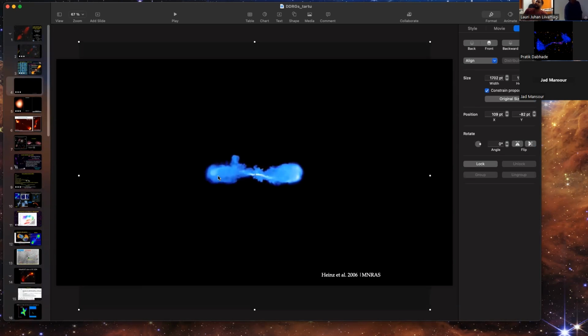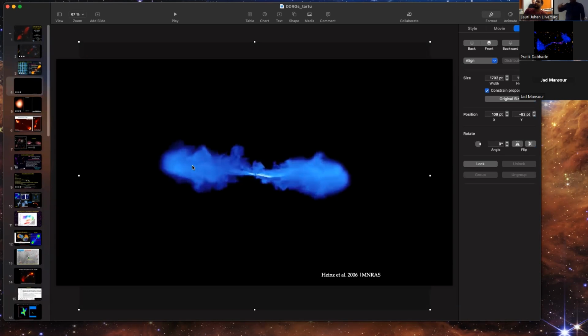So when it reaches and creates a hotspot, that's the extent. It's going to create a shock. That shock is basically the hotspot, and then there is going to be a backflow. And that backflow is very, very less energetic, so it's going to suffer more radiative losses, and that will manifest into the oldness.